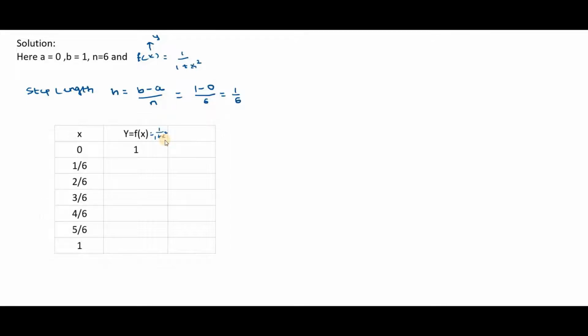If you put x is equal to 1 by 6, then y is equal to 1 divided by 1 plus x square, which means 1 divided by 1 plus 1 by 6 whole square, because the x value is 1 by 6.